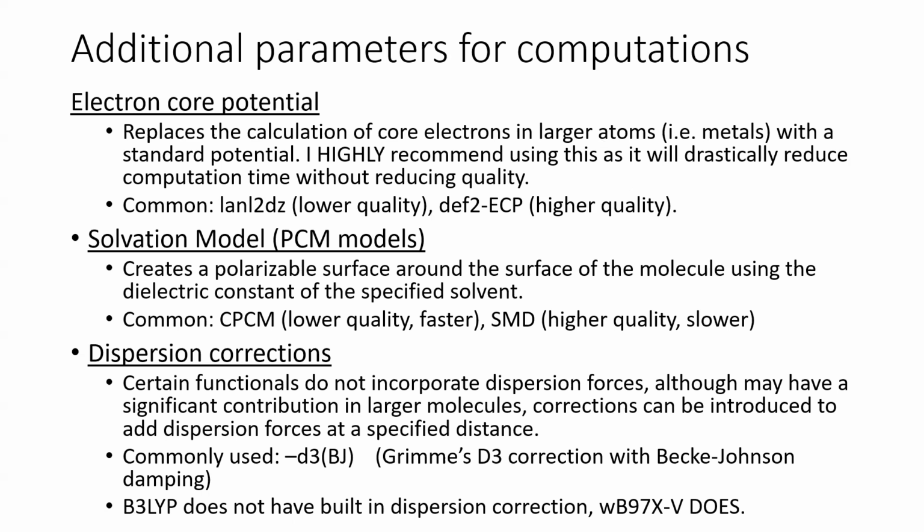So anytime you want to use a metal, definitely use an electron core potential. And it's pretty simple to add, especially for many types of basis sets. Certain basis sets don't have an electron core potential, so you have to use a split basis set, using a different basis set for carbon, nitrogen, oxygen, hydrogen from the metal basis that you use.